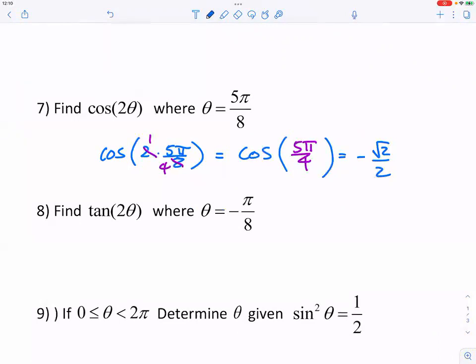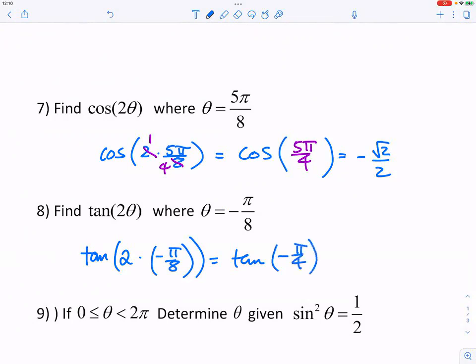Tangent of 2 theta. Tangent of 2 theta is tangent of 2 times negative pi over 8, which becomes tangent of negative pi over 4. Now, there are a couple of ways you can do this. Just like what we did earlier, you can change this to a positive angle. Ooh, be careful.